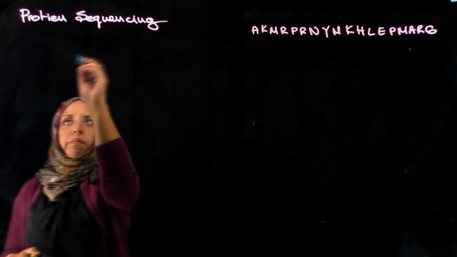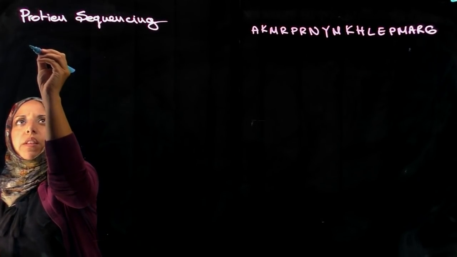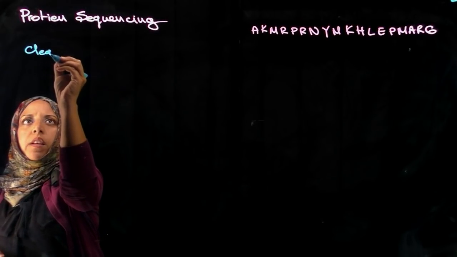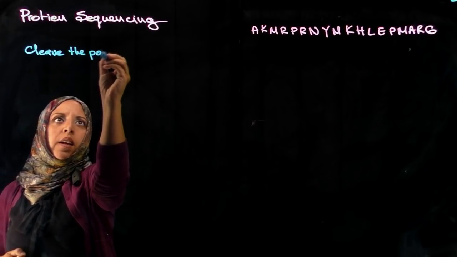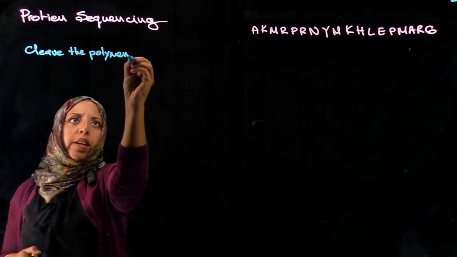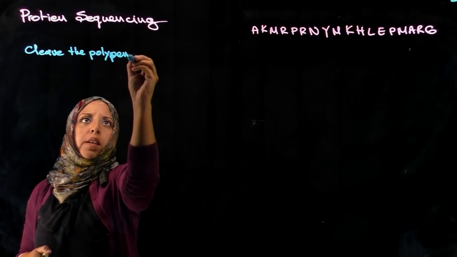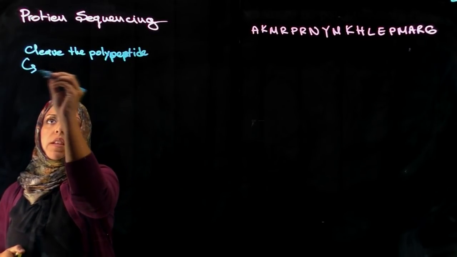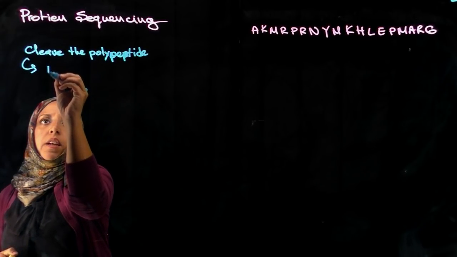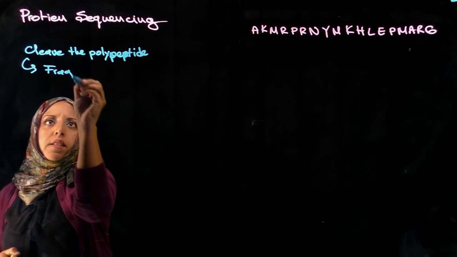So one of the first steps is to cleave the polypeptide, right? What we generate by cleaving it is different fragments. We end up with fragments.